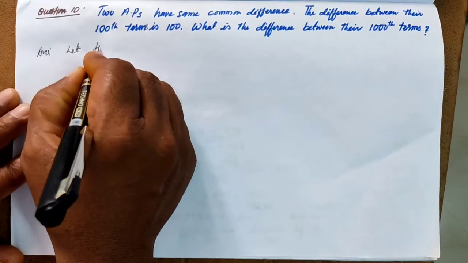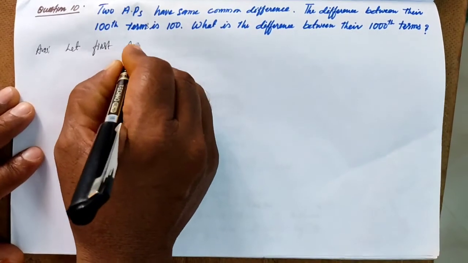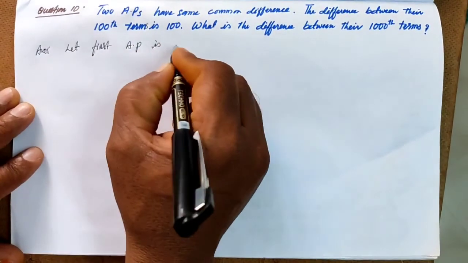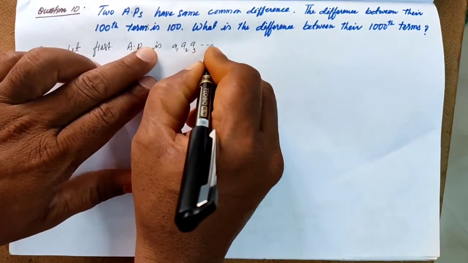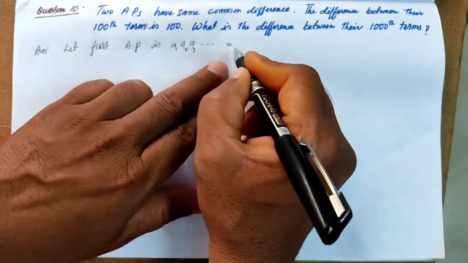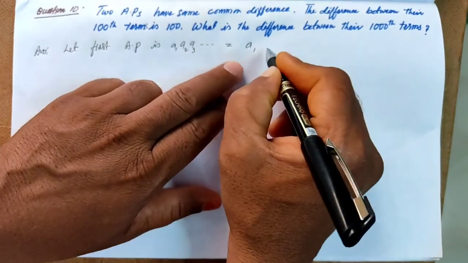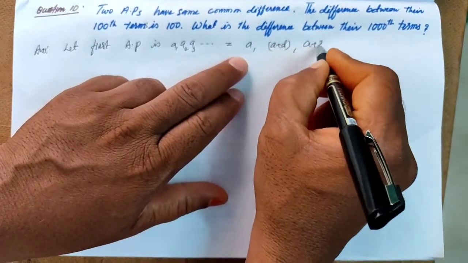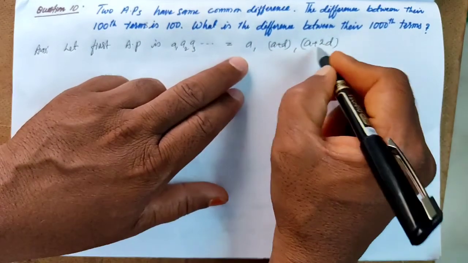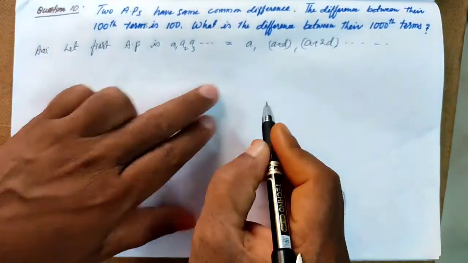Let the first arithmetic progression be a1, a2, a3, that is a, this is the first term, a plus d, second term, a plus 2d, this is the third term, like that.